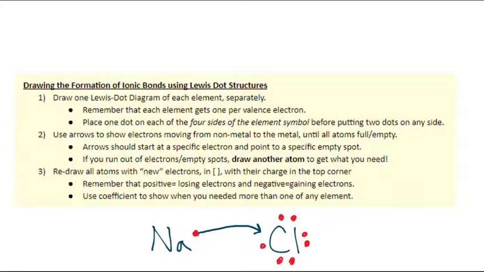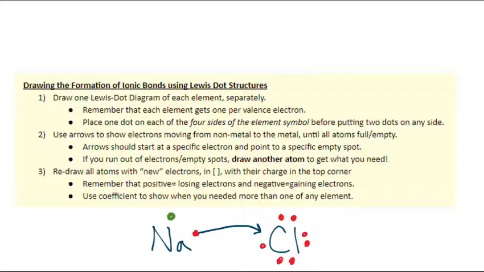If we run out of electrons or empty spots, we need to draw another atom to get what we need. The easiest way to explain this is if sodium did have 2 valence electrons, 2 dots here, after I move the first one over, then chlorine is full. I have no more empty spaces to put this other electron. So sodium isn't completely empty, even though chlorine is completely full, which means I need another empty space.